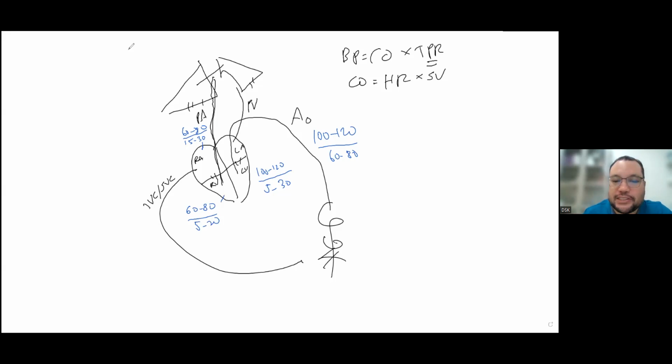So, and these pressures, kan, you kena tengok macam ni. The left side, the systemic side, the blood pressure, the aortic pressure, total peripheral resistance. So the total peripheral resistance tu maknanya all the resistance in your body.